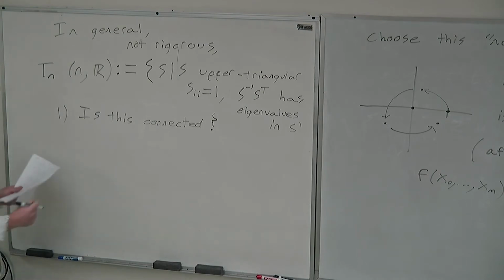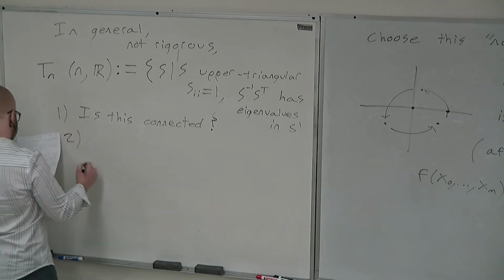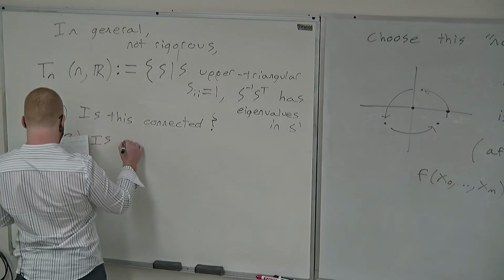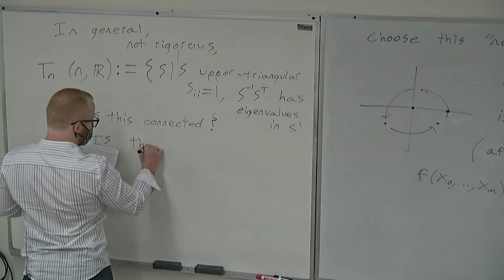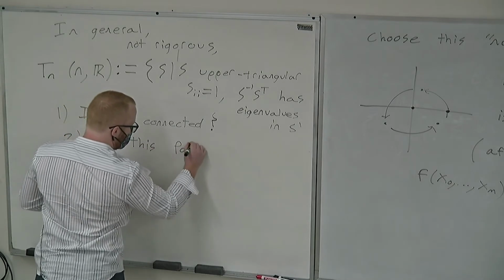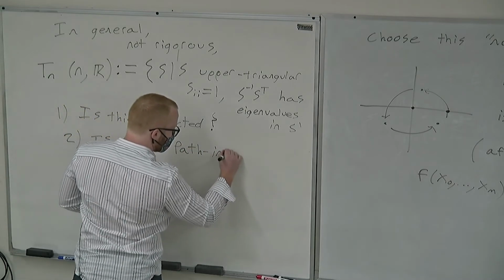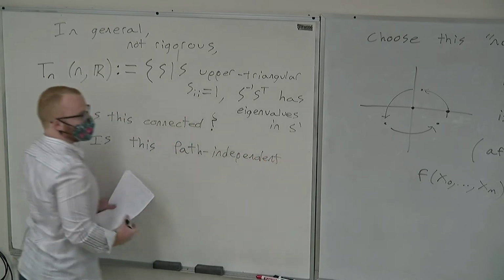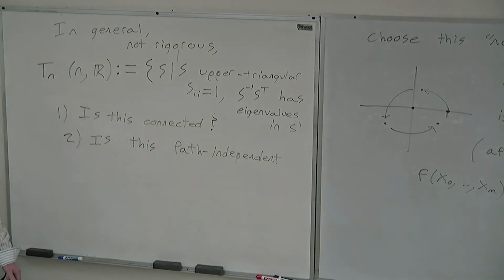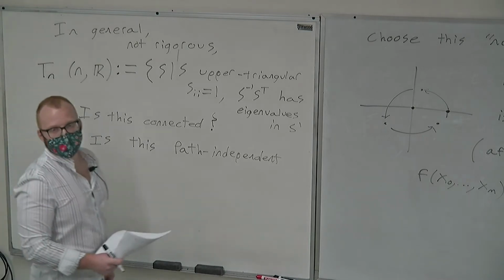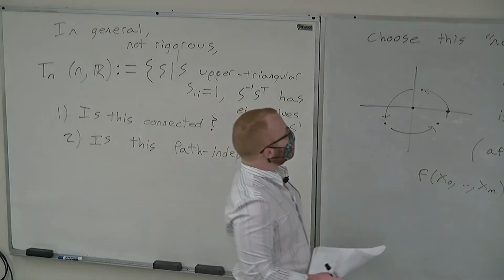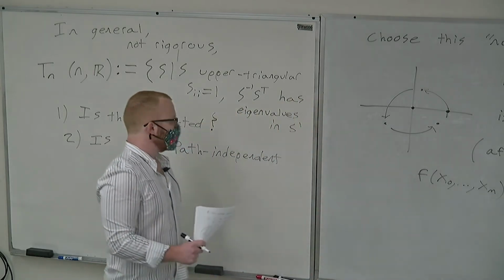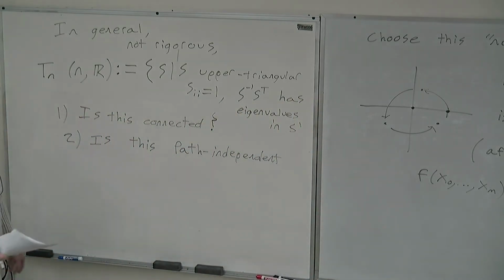So two, even if I do come up with a path, is this construction path independent? They say choose this naturally, but what does naturally mean? If I choose several other paths that are chosen naturally, quote unquote, is it going to matter? Am I going to get a different spectrum?